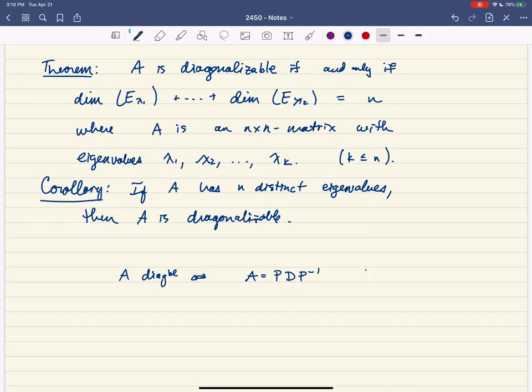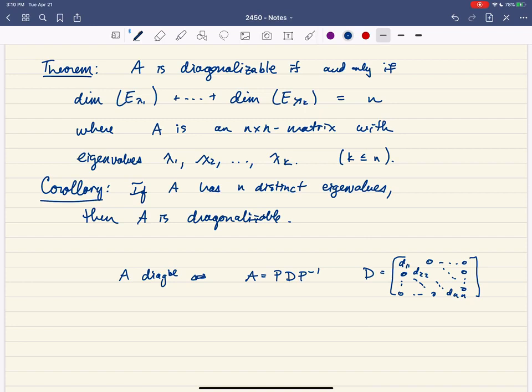Remember that D being diagonal just means that all the values off the main diagonal are 0. So you have zeros over here, all the way down, and likewise over here. Zeros all the way except for possibly the main diagonal. It's possible that the values on the diagonal are 0 as well, but the important thing is that all the values off the diagonal have to be 0. So that's a diagonal matrix.